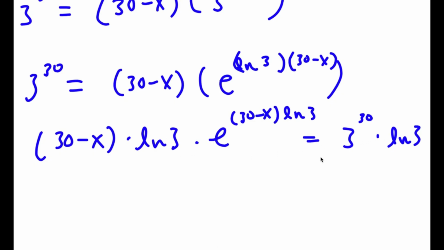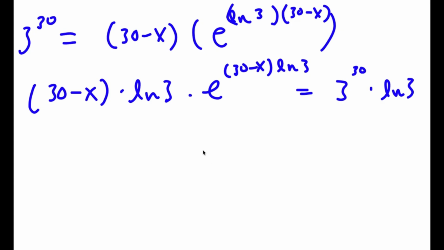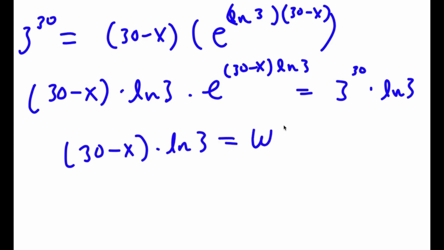I multiply both sides by ln 3. Now this can be written as (30 minus x) times ln 3 is equal to the Lambert W function of 3 to the power of 30 times ln 3.